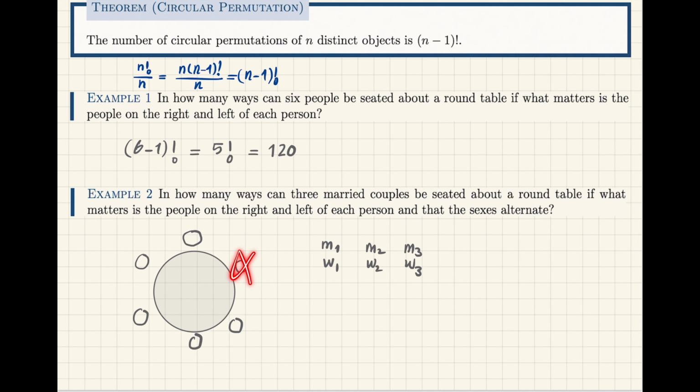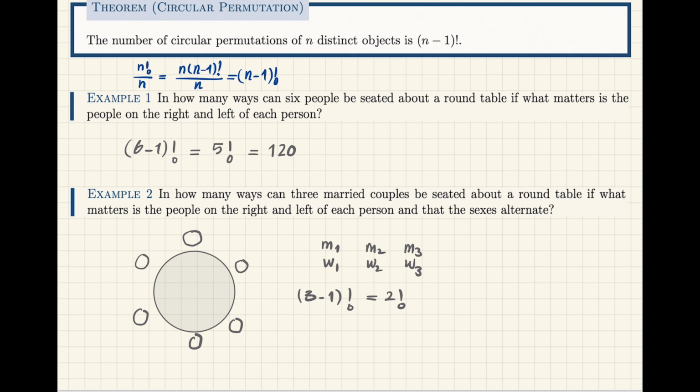So this is a circular permutation. I have 3 objects here, the men, so the count becomes 3 minus 1 factorial, which is 2 factorial. I cannot have more than this.